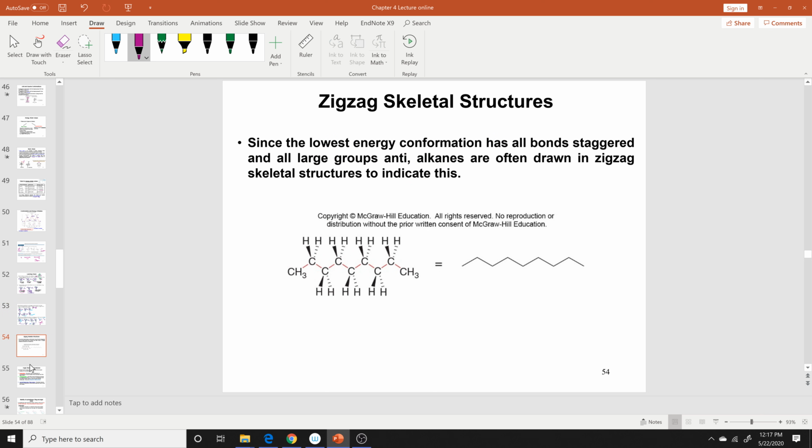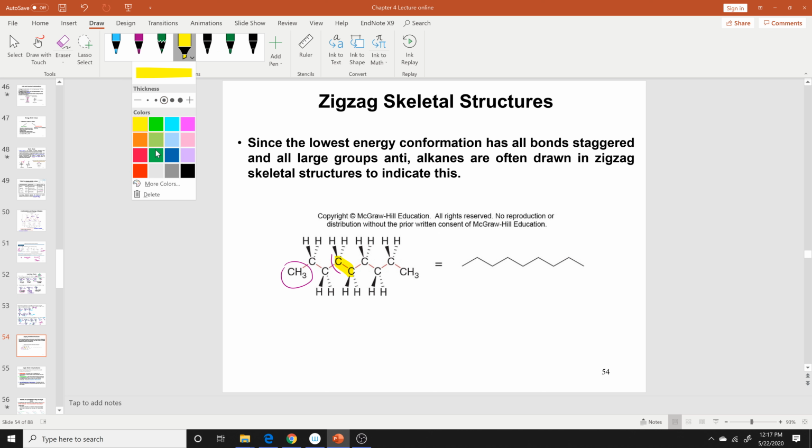As we mentioned, whenever you draw a chain conformation, we saw that the lowest energy conformation has all the bonds staggered to each other, and all the larger groups are anti with respect to each other. So between these two carbons, the larger groups are anti with respect to each other. Between those two carbons, the larger groups are anti to each other.